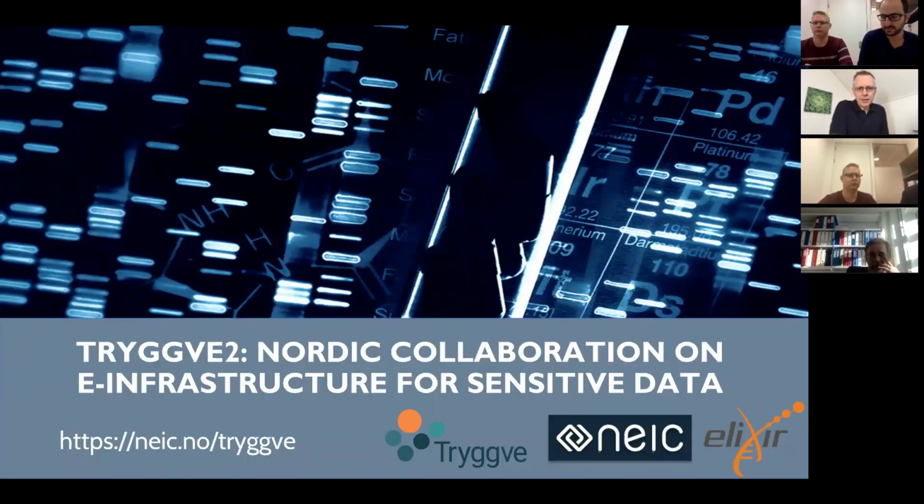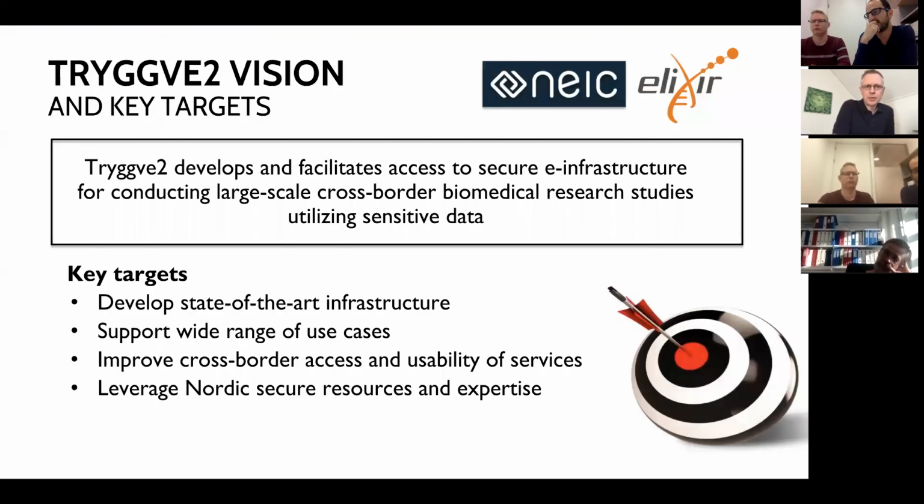Right, next slide. In parallel, the Nordic Elixir nodes have been running a project on collaborating on sensitive data that's called Trygve, which is now in its second iteration. In this project, the aim is to facilitate cross-border biomedical research using sensitive data and making it possible to access proper infrastructures for this.